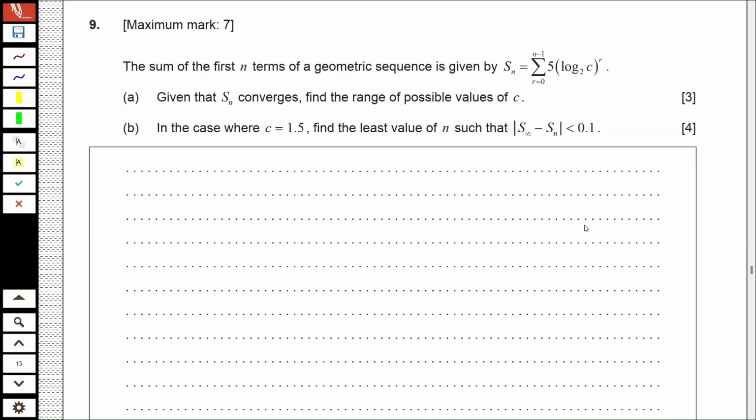Question 9, the sum of the first n terms of a geometric sequence is given by Sn. Given that Sn converges, find the range of possible values of C. So the absolute value of log base 2 of C is going to be less than 1. So log base 2 of C is going to be between 1 and minus 1.